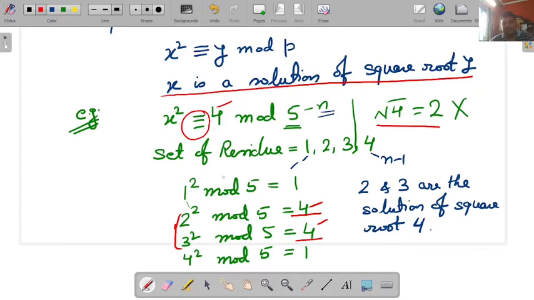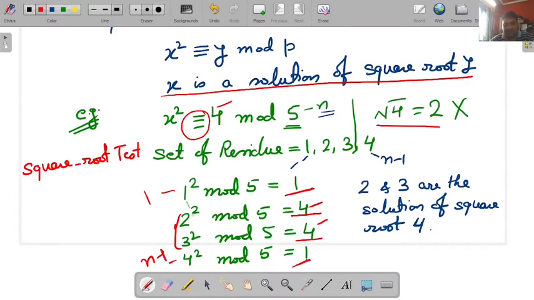Now if you understood this, it is very easy to understand how to find the square root test for primality, to find whether the particular n is prime or not. If you look at this example, in the square root test you can see that at 1 it is 1, and at n minus 1 you are getting 1.